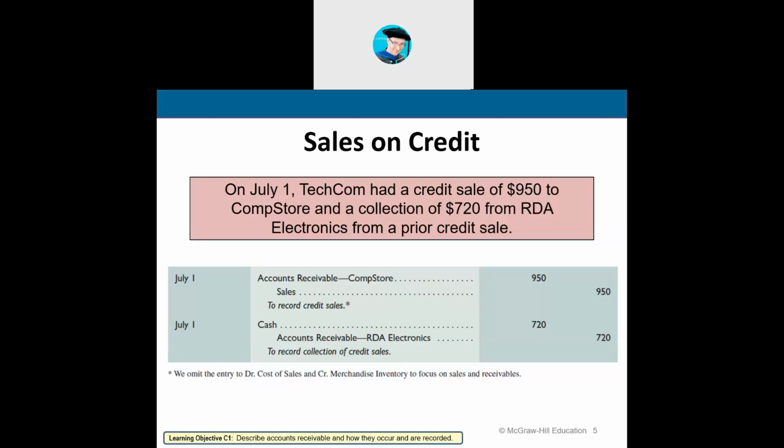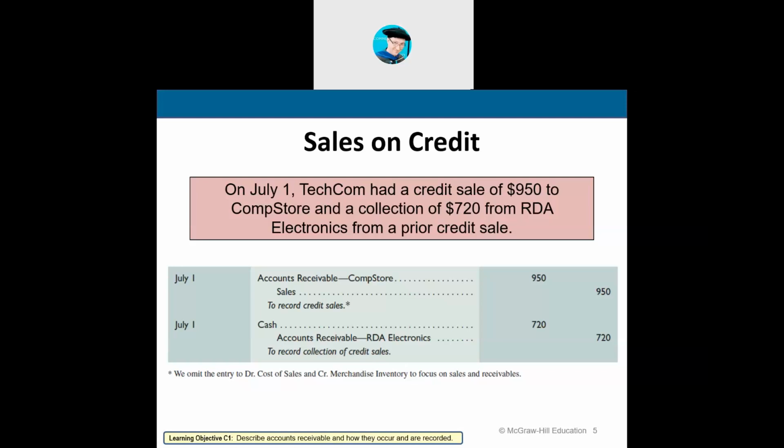The second transaction of the day is we are receiving cash from one of our other customers who owes us from a sale we had made in the past. So we would debit cash to increase our cash, remember cash is an asset account, and we credit accounts receivable to reduce the accounts receivable for that customer.